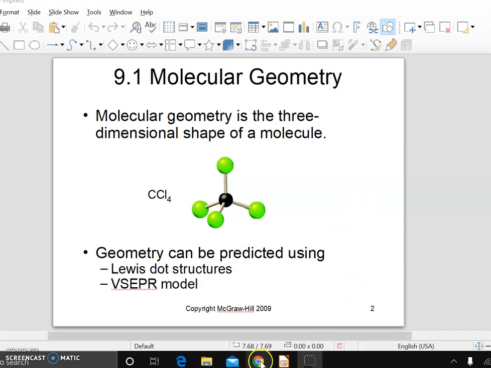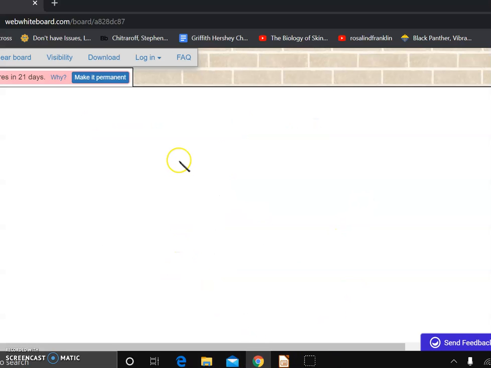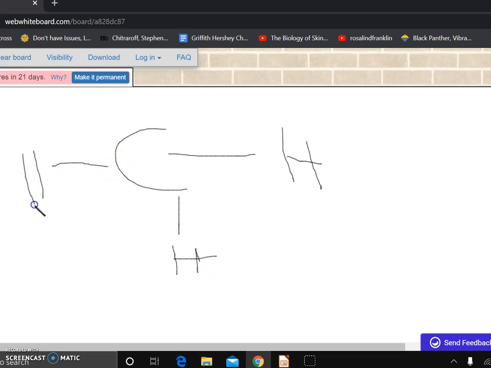go back to the drawing board for a sec and do this. So we can have single bonds. Okay. So if this is methane, all right, this is a carbon with 4 single bonds on it.